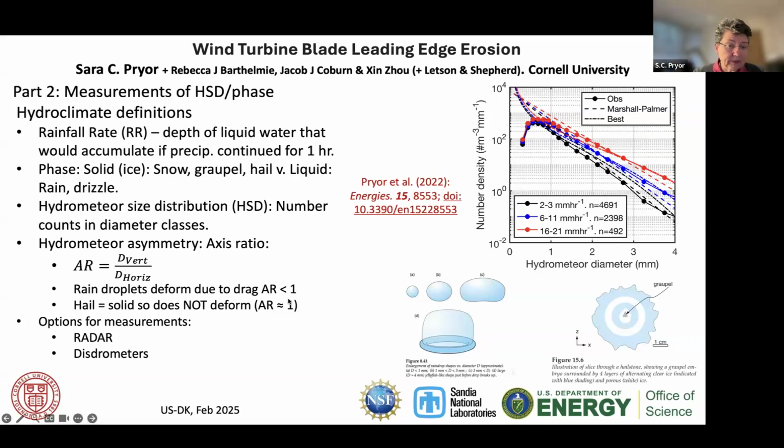So of course, rain droplets have an axis ratio that's much below 1. And this matters because most of our measurement technologies measure this horizontal axis, not the vertical axis. Hail, of course, doesn't deform. So we need to be thinking about when we're interpreting our measurements, is it liquid or solid?